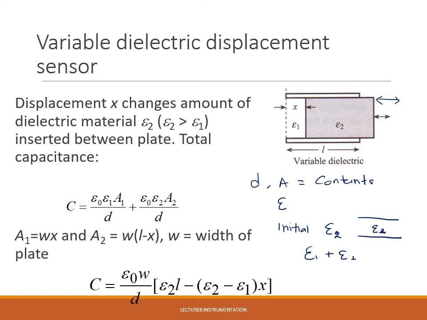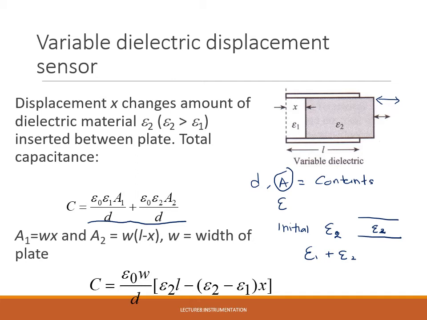So the new equation is epsilon naught epsilon 1 A1 (the shed area 1) divided by d, plus epsilon naught epsilon 2 A2 divided by d. Even though I said A is constant, the shed area is different for epsilon 1 and epsilon 2. But the total A1 plus A2 must equal A.